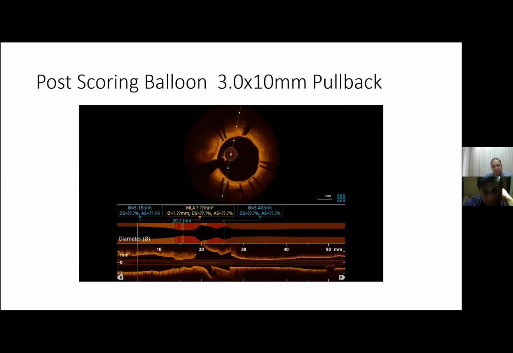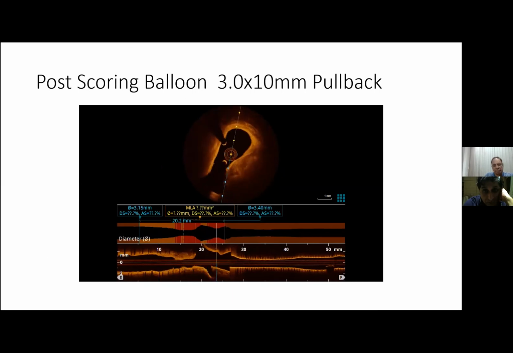This patient had a previous stent in the proximal LAD. This is the pullback from the LAD lesion. You can see the stent, the distal portion looks good, and then there is dense neointimal hyperplasia or neoatherosclerosis. We come into the left main, and you see the proximal part of the left main.